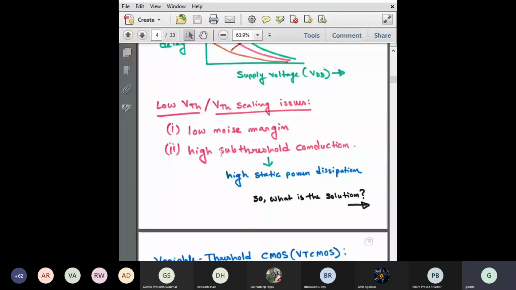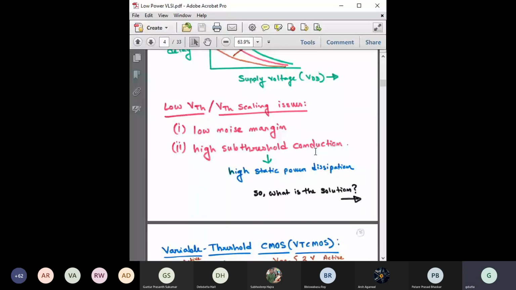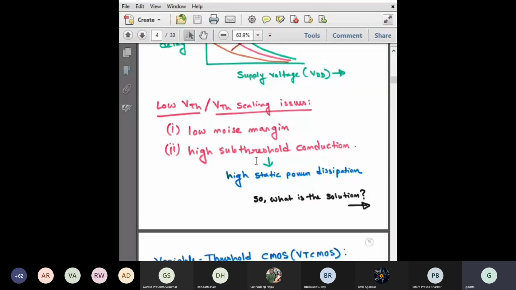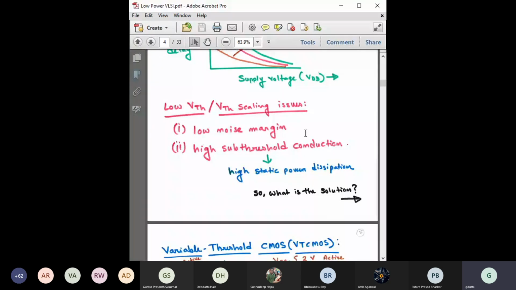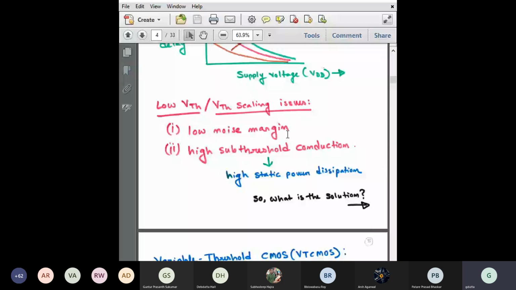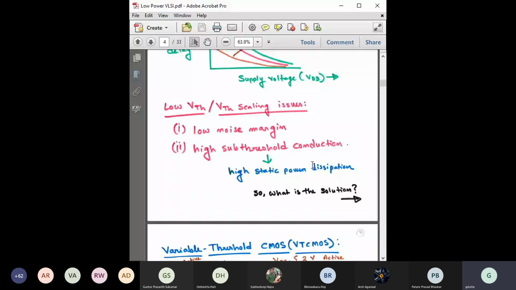The other one is the high sub-threshold conduction. If you reduce the threshold voltage, then the sub-threshold current would be very, very high. I hope you can recall that we have already drawn the plot of how the sub-threshold slope looks, and what happens if you shift the threshold voltage towards the left, meaning you reduce the threshold voltage.